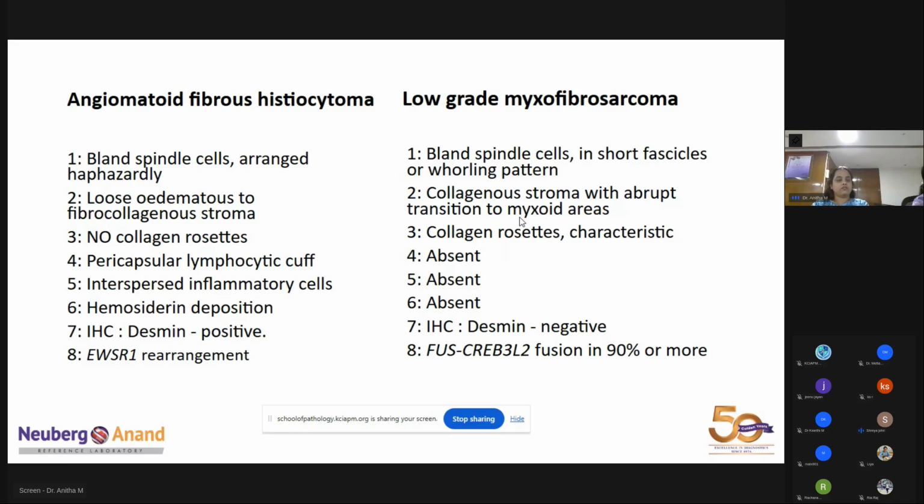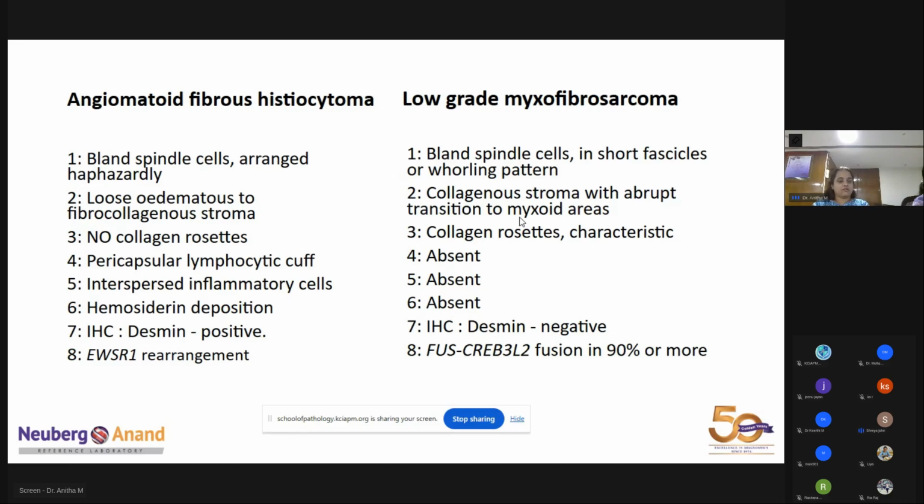In myxofibrosarcoma, the stroma is collagenous with abrupt transition to myxoid areas. There are no collagen rosettes in our case, and in myxofibrosarcoma, collagen rosettes are a characteristic finding. In our case, there are other characteristic findings, including pericapsular lymphocytic cuff, interspersed chronic inflammatory cells, and scattered hemosiderin deposition.